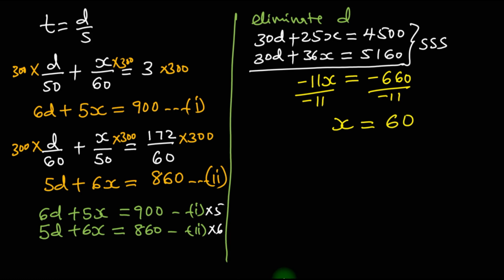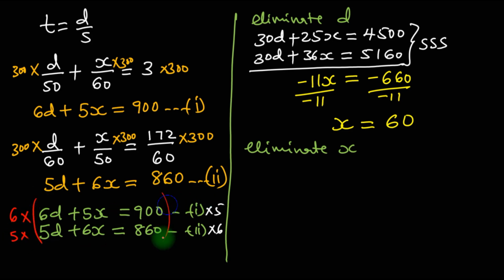The other scenario: I'm going to eliminate x to get d. If I eliminate x to get d, I need to multiply equation 1 by 6 and then multiply equation 2 by 5.